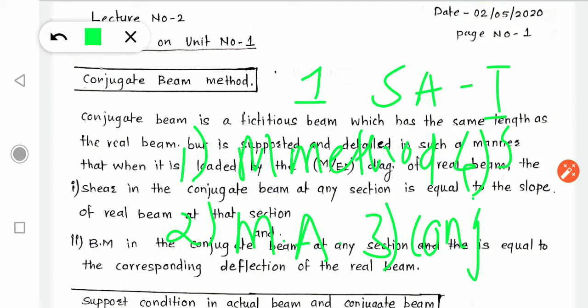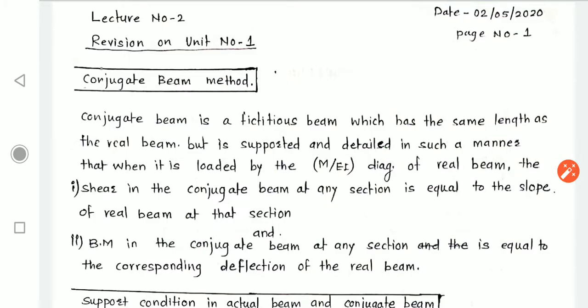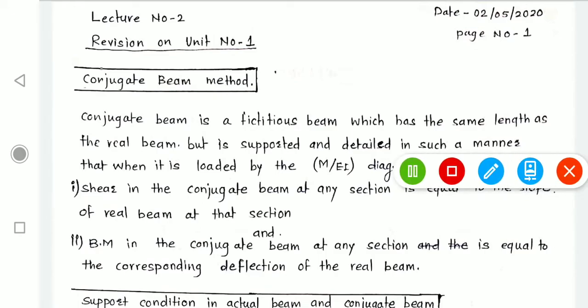In the previous lecture we covered the first two important methods. In this lecture, lecture number 2 of revision on unit number 1, we will cover the remaining two methods. So I am going to start with the conjugate beam method.